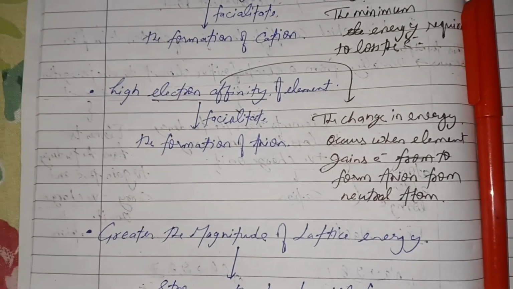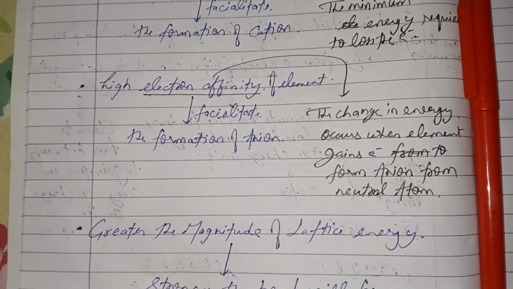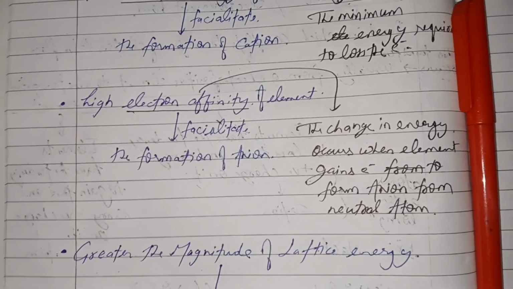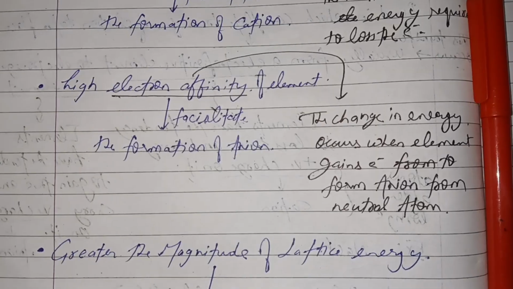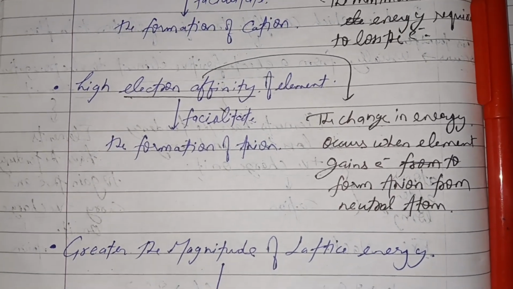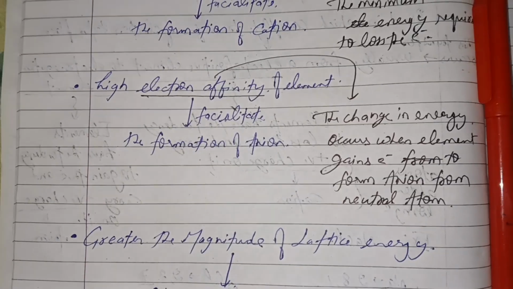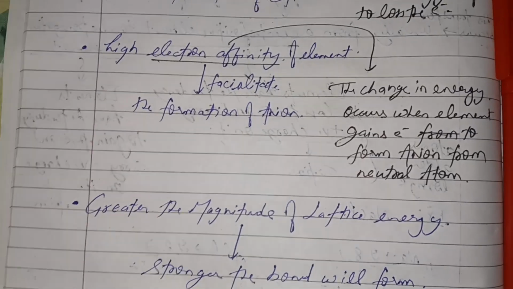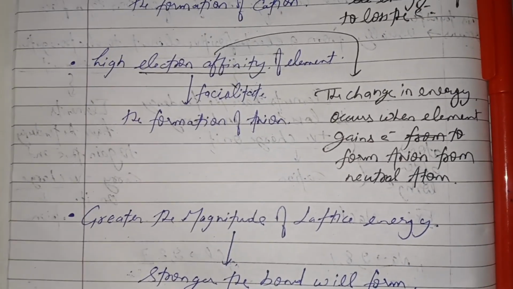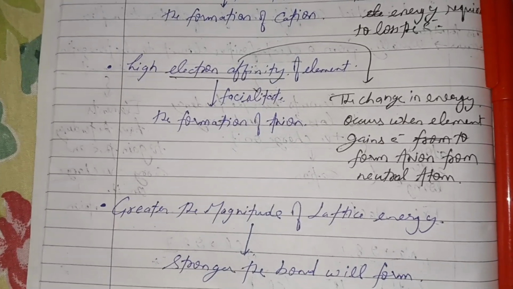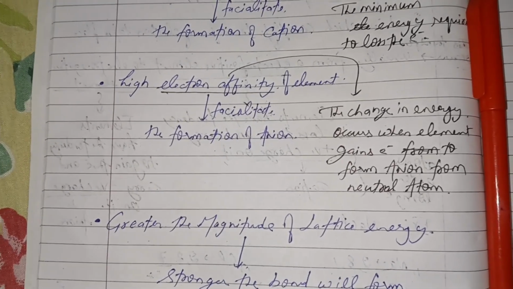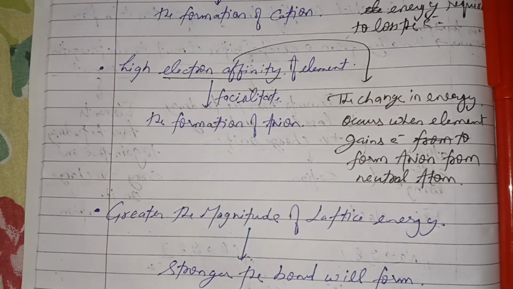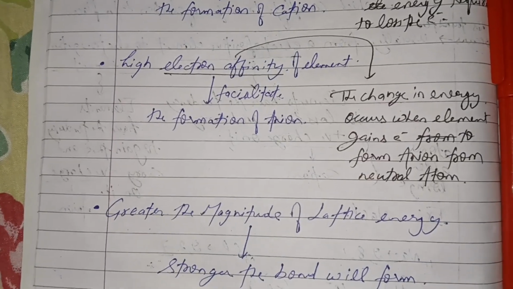If this change of energy is high, then the electron affinity is high, and the formation of the ion will be as soon as possible. I hope you get that. If it is confusing, just remember that electron affinity is the change of energy, and if that change is high, then the formation of an ion will be faster.